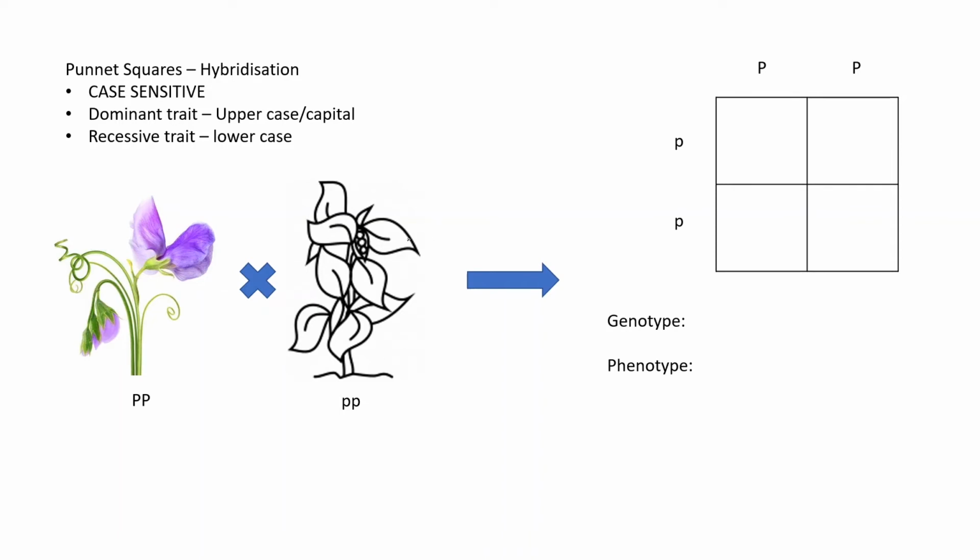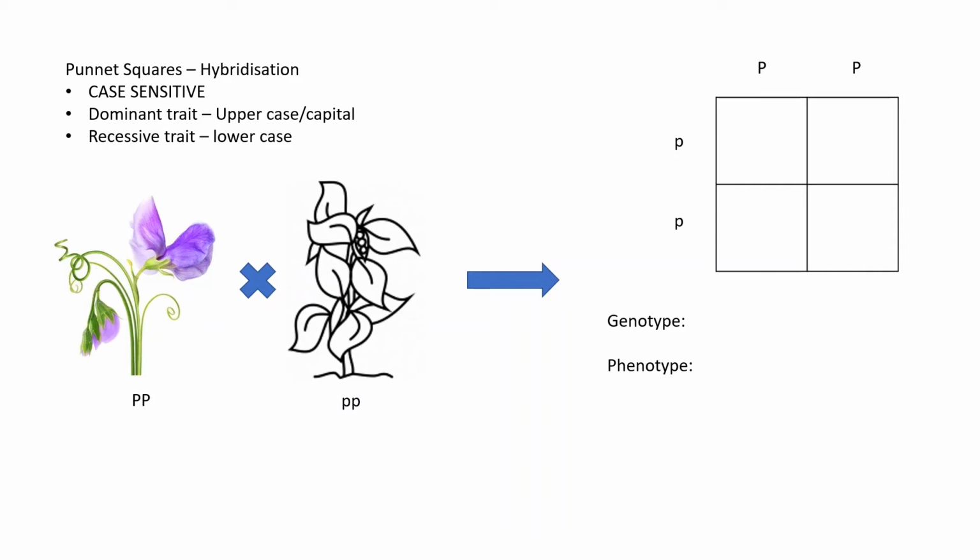Let's do the Punnett square. The purple flower pea plants haven't been crossed yet, so they're going to be capital P, capital P, and we'll put it at the top of the Punnett square here. The white flowers haven't been cross-fertilized either. They're still pure, so it's 2 little p's, and we'll put them on the side here.